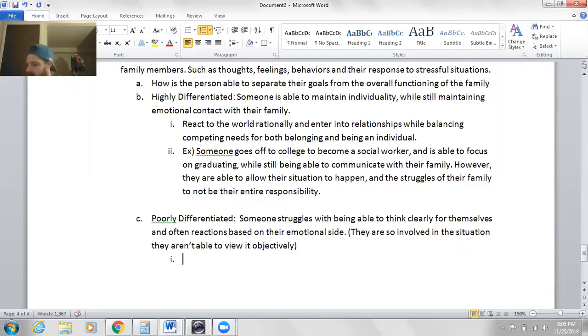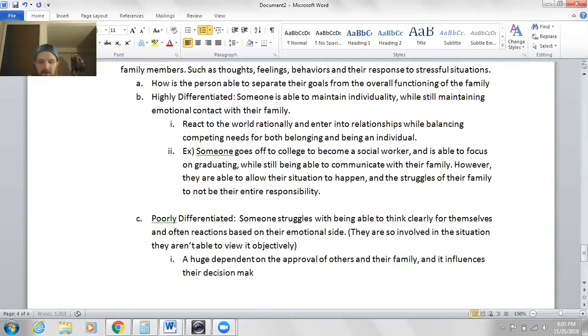With that, there is a huge dependence on the approval of others in their family, and it influences their decision making.